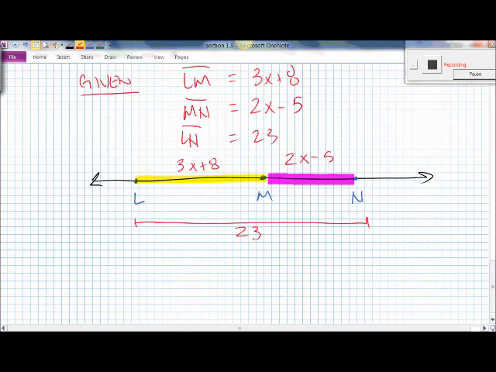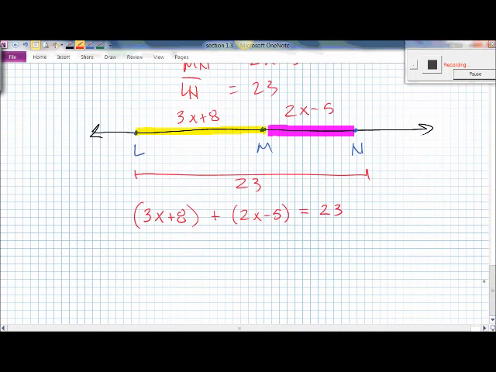So my goal is to solve for x, so I'm going to use the segment addition postulate. Who sees how to set it up? Oscar, what do we do? You make an equation. 3x plus 8 plus 2x minus 5 equals how much? What's the total length? 23. You got it.